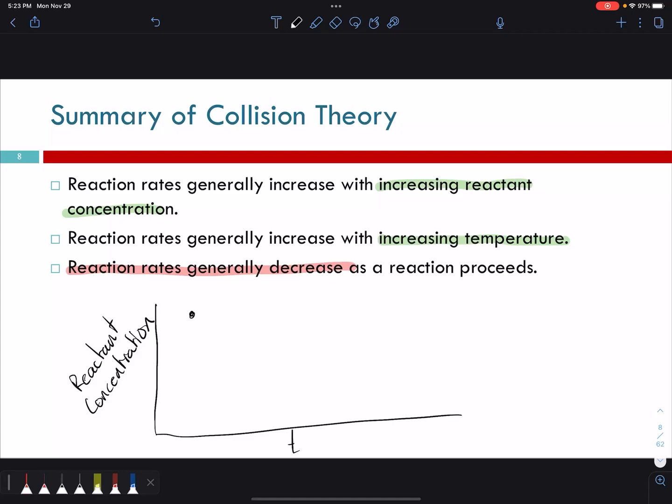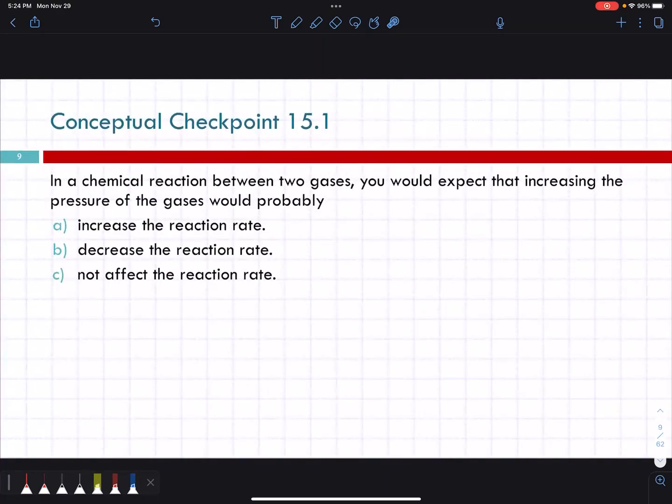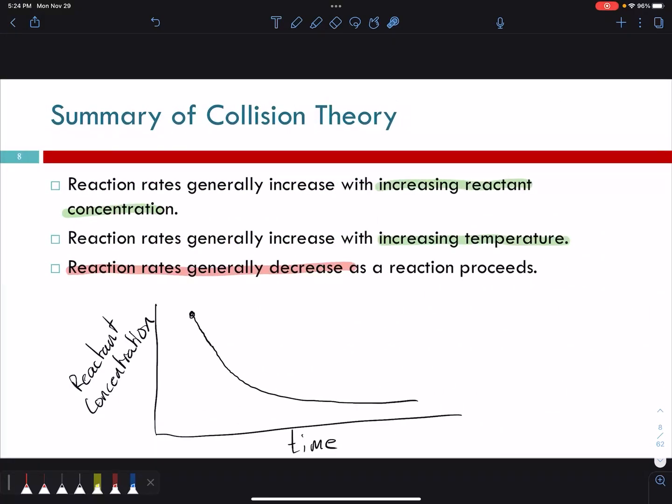But if this is time, as the reaction proceeds, reactant concentration is going to decrease, and along with that, the rate will decrease because of this first one. Reaction rates generally decrease as a reaction proceeds.